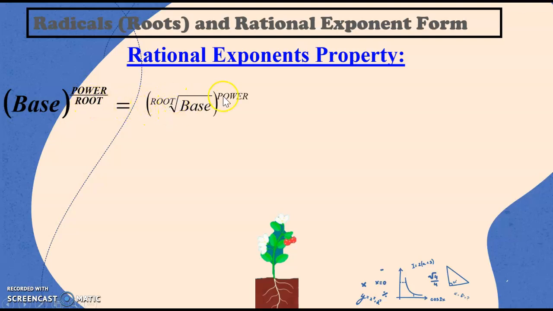Root, square root of base. So you can write this one as this is from rational exponent, and then this is the radical form. So root, square root of base, quantity, root, and a root, base, and power, right?